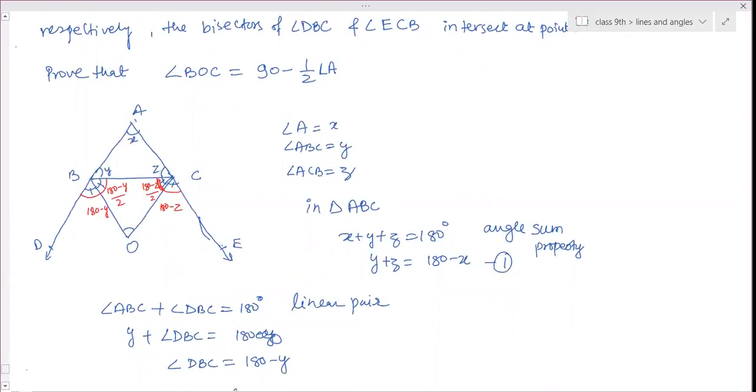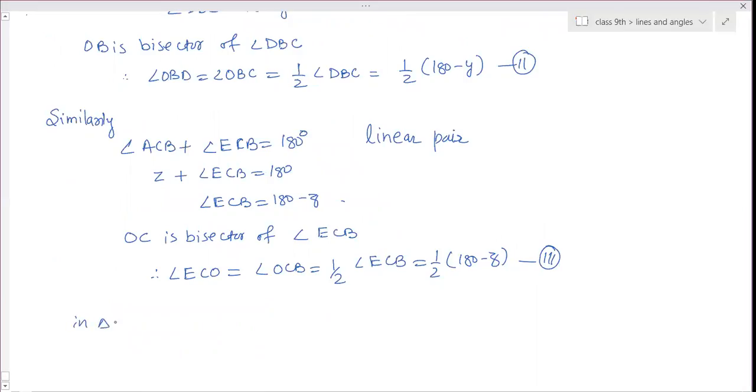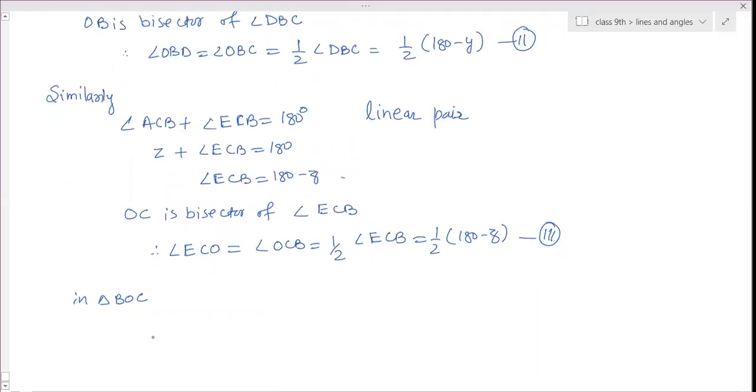Is this clear? Yes, ma'am. Now use triangle OBC, angle sum property. So what can you write? In triangle BOC, (180 minus y) by 2 plus (180 minus z) by 2 plus angle BOC is equal to 180 degrees, angle sum property.